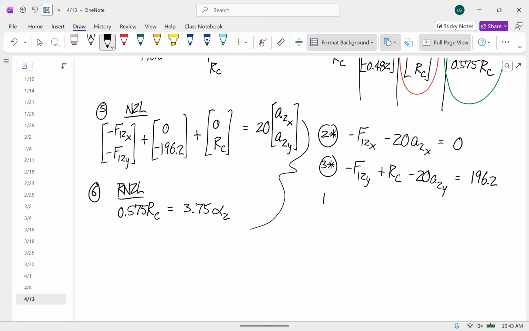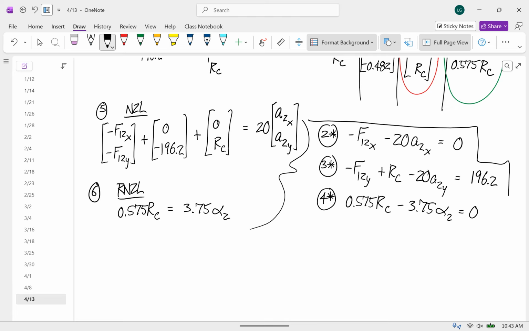And then our equation 4 star says 0.575 RC minus 3.75 alpha 2 is equal to 0. Any questions about that? Okay, so now we have 4 equations.